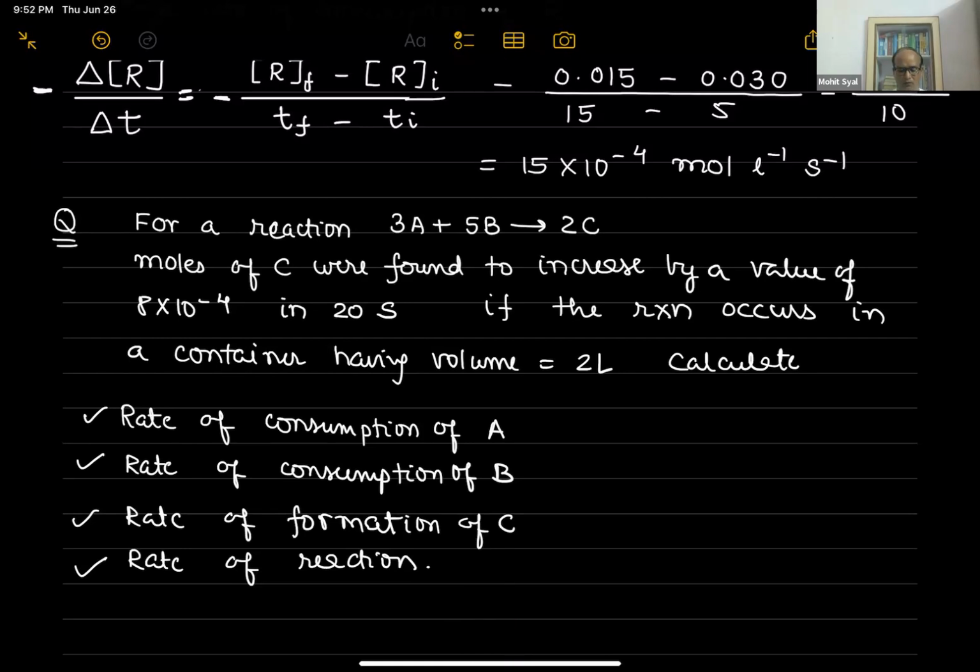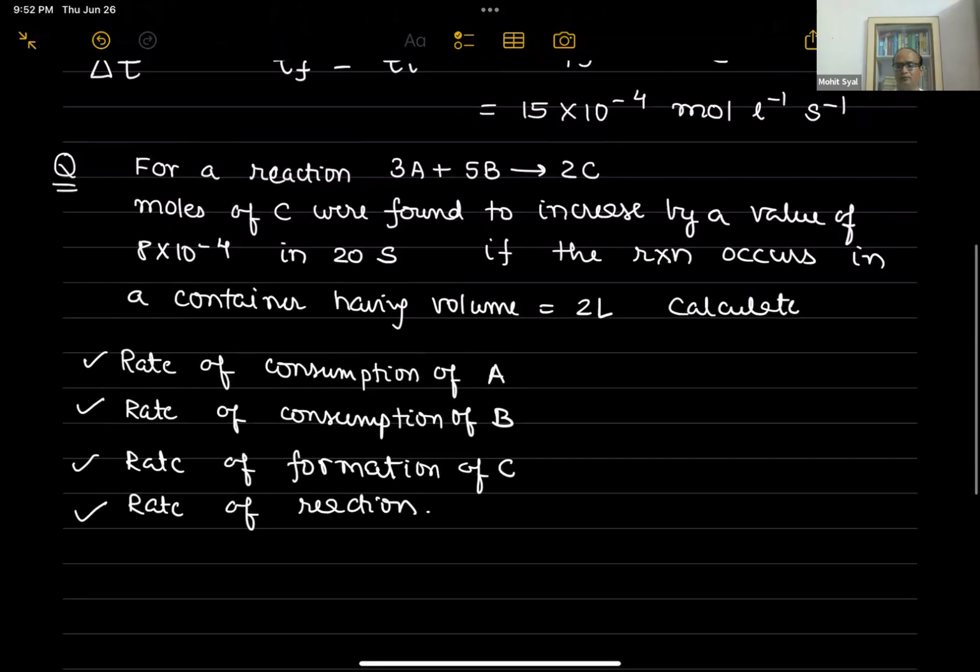So you are going to calculate it very quickly, right? Rate of consumption of A, rate of consumption of B, same thing, okay.